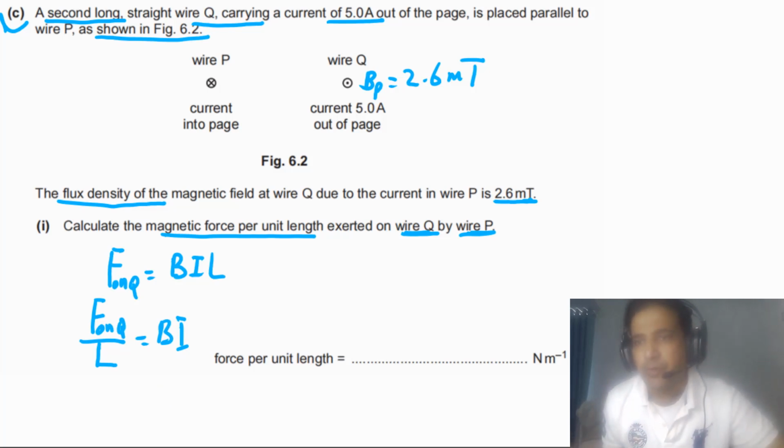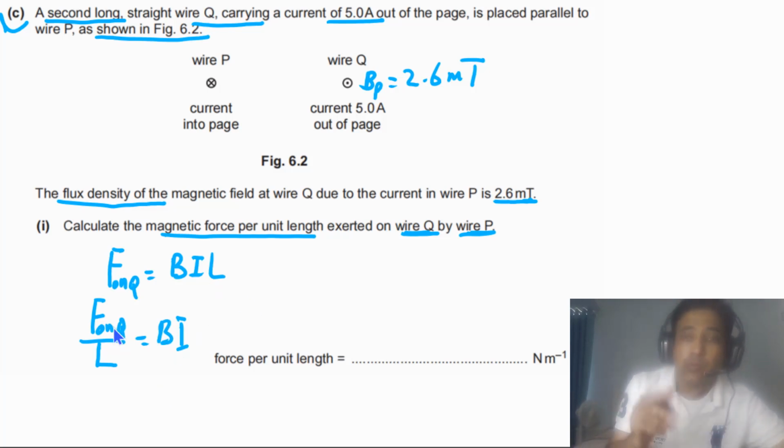But here is one very important point we need to understand. We are talking about force on Q, so we have to consider the magnetic field due to P, the external magnetic field. So the external magnetic field here is due to wire P, and this is the current in wire Q. Now simply we need to plug in values.